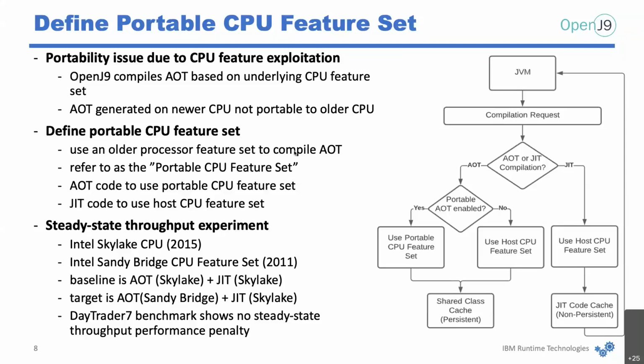The baseline run is to compile both AOT and JIT using the host CPU, which is the Skylake CPU. The target run is to compile AOT using the older CPU set and JIT using the host CPU set. As expected, we did not observe any steady state throughput penalty from the experiment.